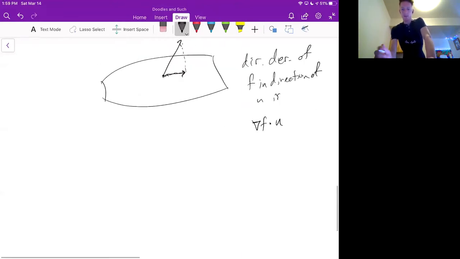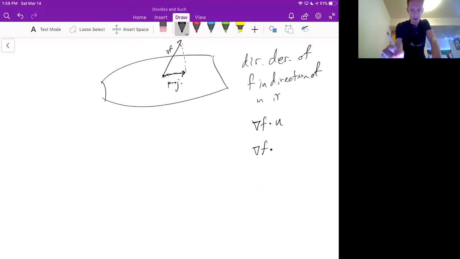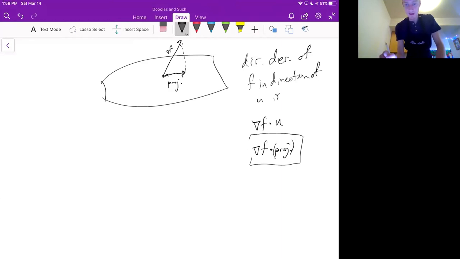Let's imagine that I'm moving in the direction of this projection. So here's the gradient of f, and here's the projection. If I dot with the projection, then this quantity tells me the amount that f changes when I move a little bit in the direction of that projection.